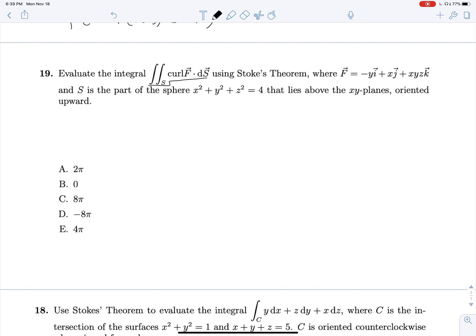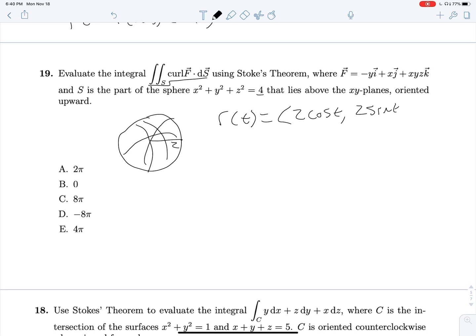We're dealing with the sphere above the xy plane and the sphere of radius 2. And so really, we can use the path around this hemisphere, which is going to also have a radius of 2. So r of t is going to be 2 cosine t, 2 sine t, 0, and r prime of t is going to be negative 2 sine t, 2 cosine t, 0.